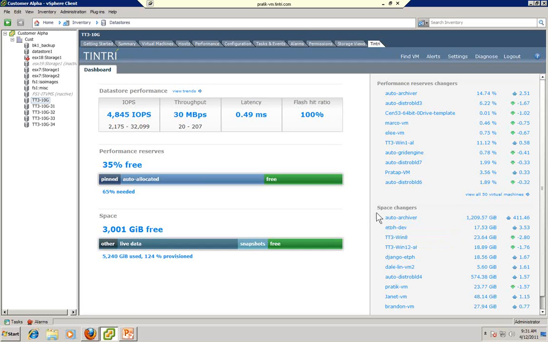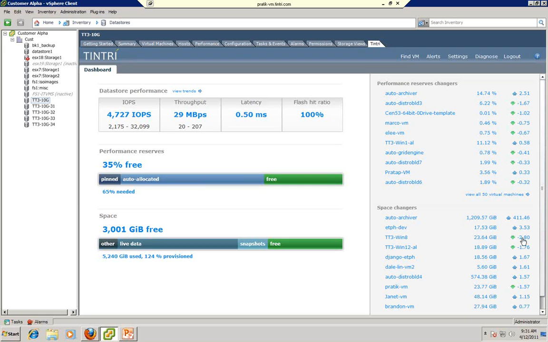So most VM administrators know their largest and busiest VMs. And what is interesting when troubleshooting issues is the list of unusually busy VMs or the list of VMs growing exceptionally fast. The right section on the dashboard displays exactly this.